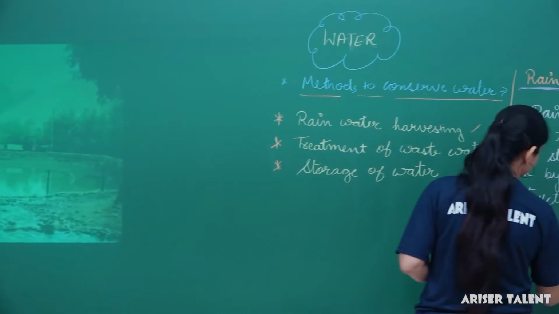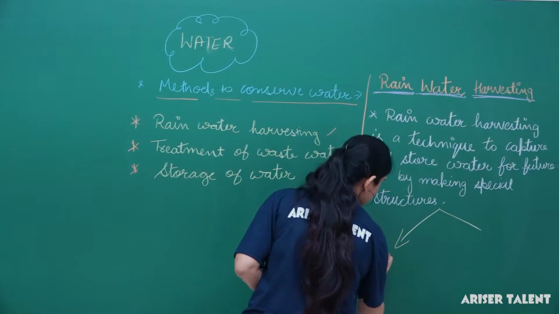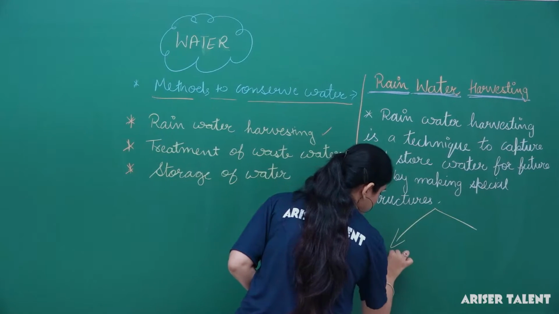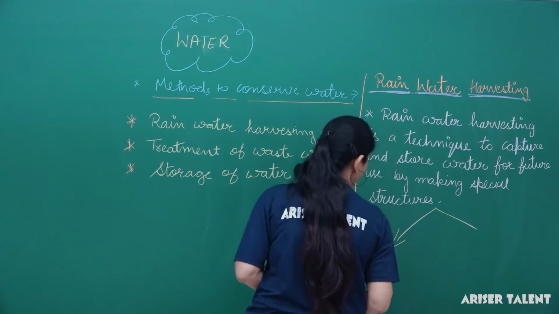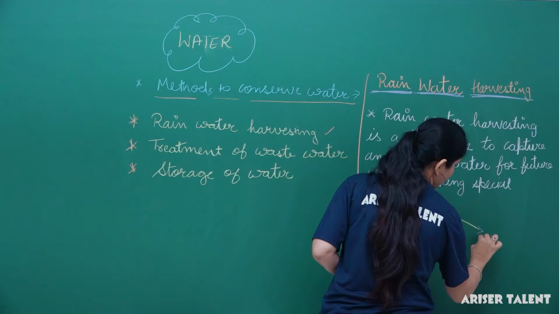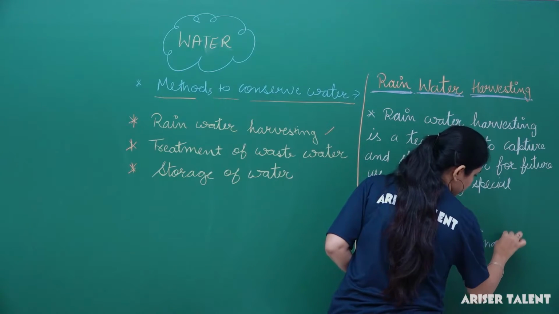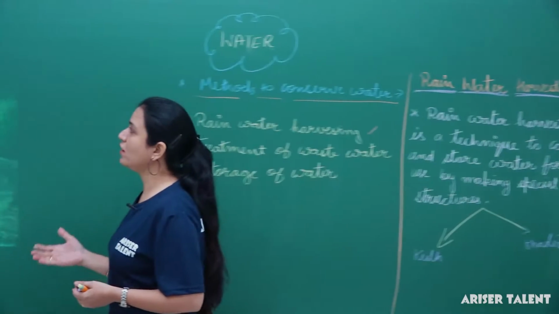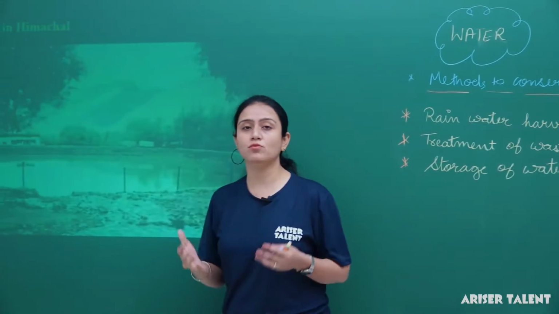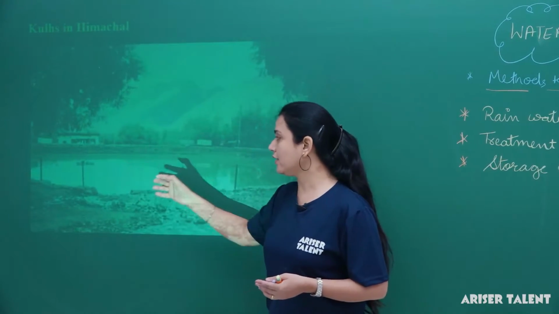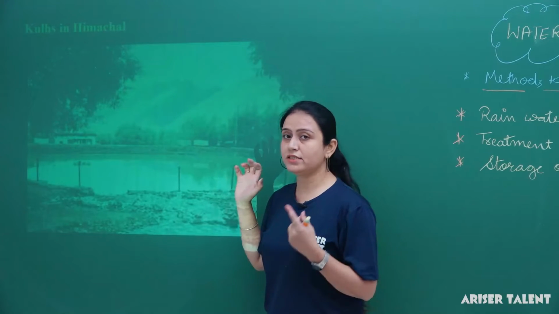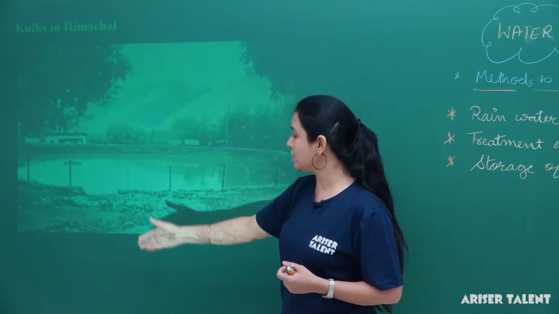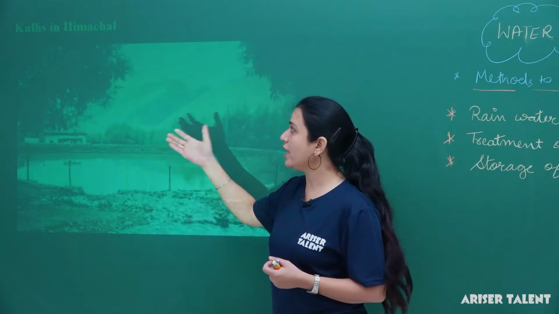What are they? One is kuls, which are generally made in Himachal, and another is khadin. Okay. So look here, if we talk about kuls which are made in Himachal, what are they? Generally they are streams which are connected to the village and are known as kuls.